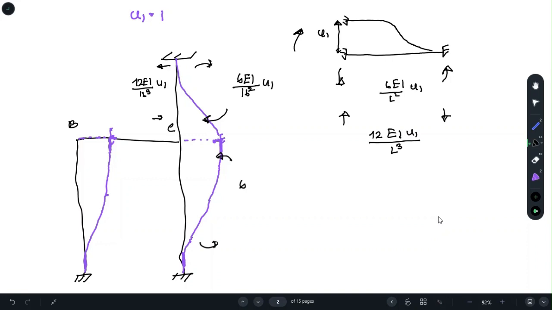Here the EI was twice EI, so it will be twice EI E1 over, and the length was 18, 18 squared, and the reaction will be in this direction. The reaction will be twice EI multiplied by E1 over 18 cubed.